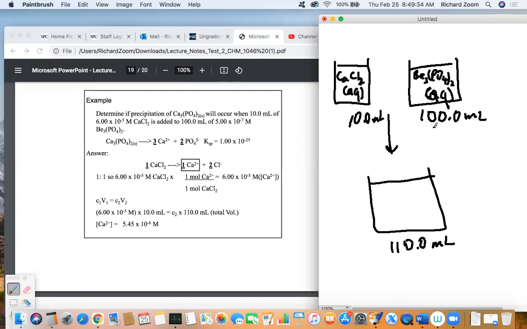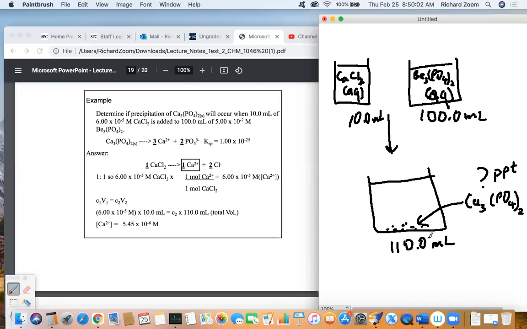It's going to be the sum of those two volumes. And then we're going to possibly get a precipitate, and that precipitate, according to the problem, may be Ca3(PO4)2. So we're trying to determine whether this precipitate will actually form or not.